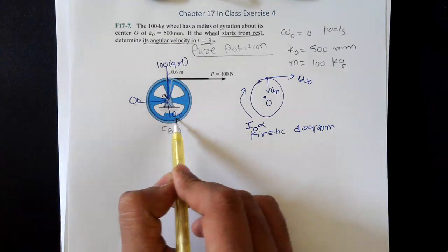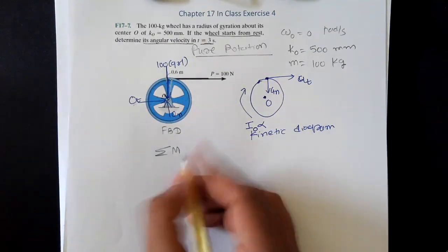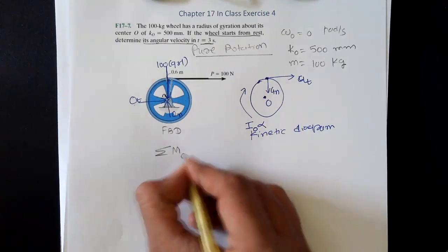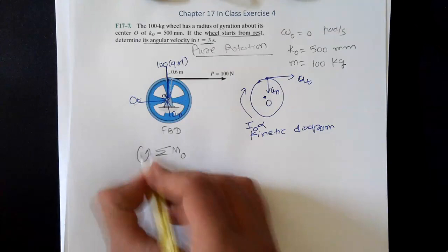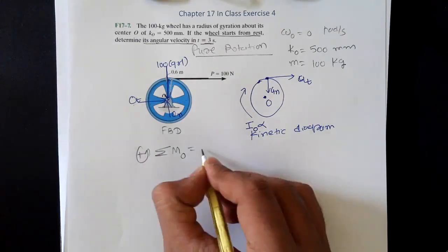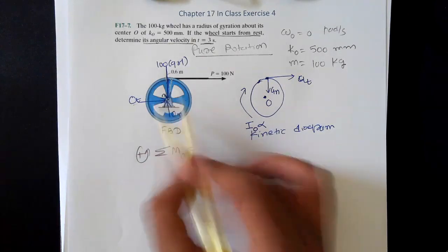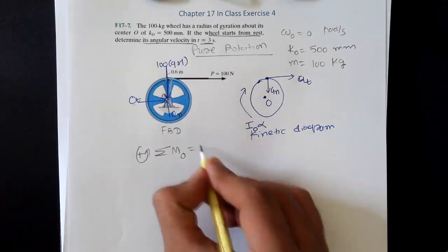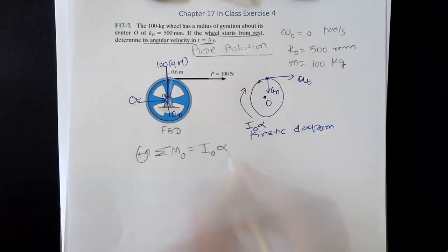So we need to apply the third equation, the sum of moments about O, the center of the wheel, with counterclockwise moment positive. This is not zero because the wheel actually rotates, so it has some moment of inertia about O and some angular acceleration alpha.